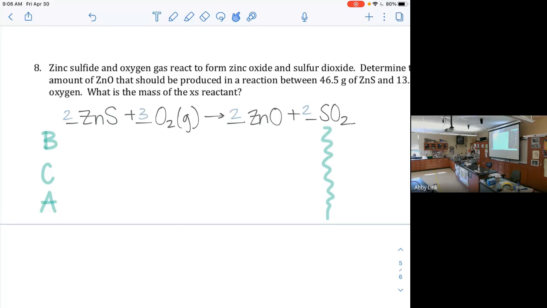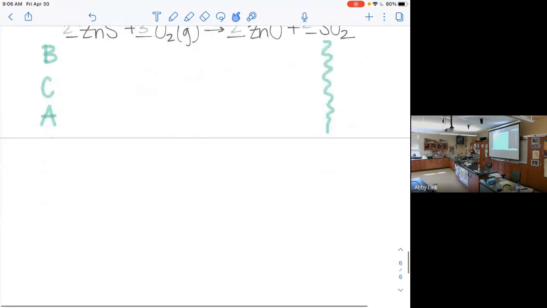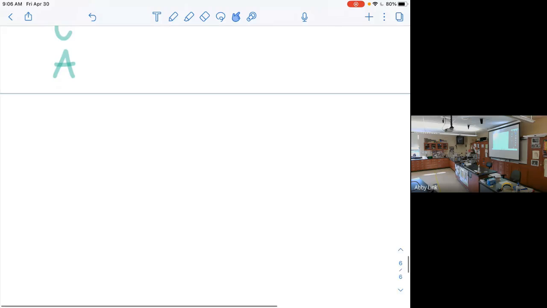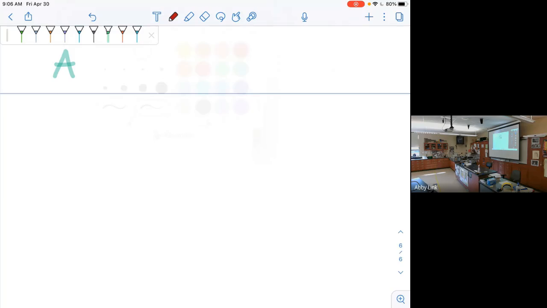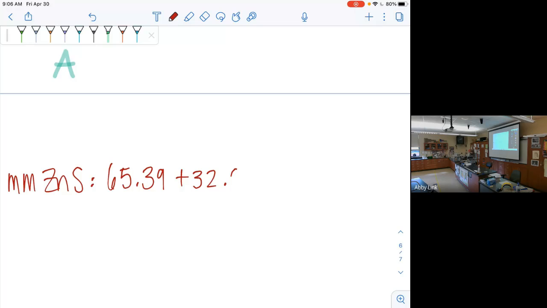Okay, so they do not mention anything required for my SO2, so I can squiggle him out. I'm going to go ahead and calculate the molar mass of ZnS, O2, and ZnO. So I'm going to need all of those gram amounts eventually. All right, so ZnS is our first one. Zinc is 65.39 plus 32.06, and that comes out to be 97.46 grams per mole.